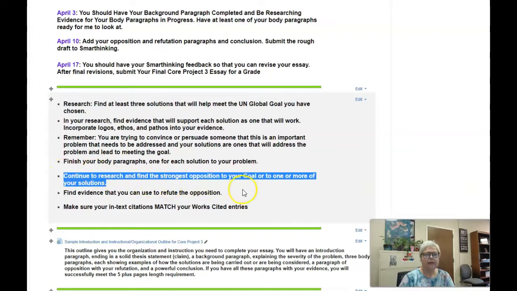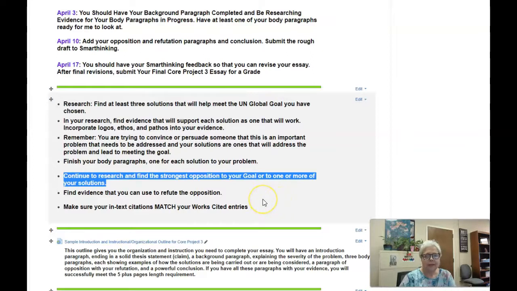Continue to research, find the strongest opposition to your goal, either to the goal itself or to one or more of your solutions. So if it's something that people might say about the goal itself, like, we can't really get rid of poverty ever, so there's no reason to even try. I've heard people quote the Bible saying the poor will be with us always, and that is true.